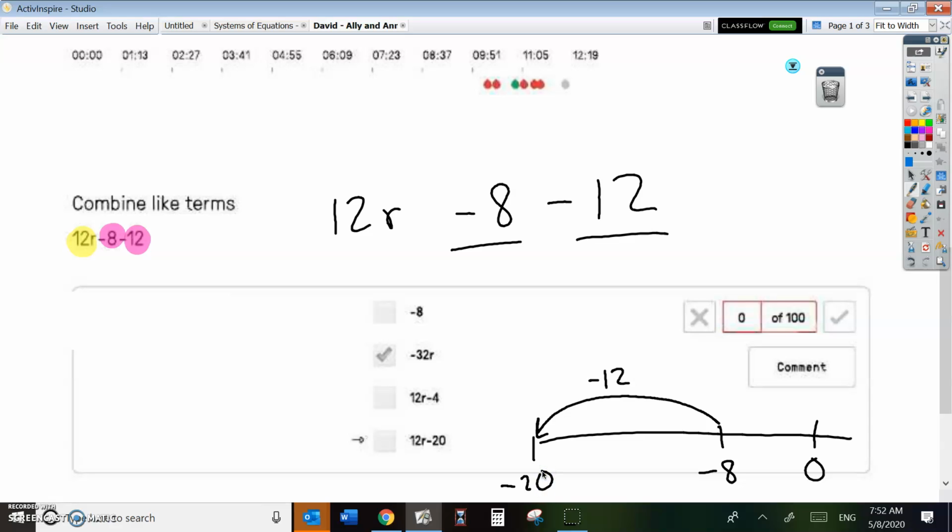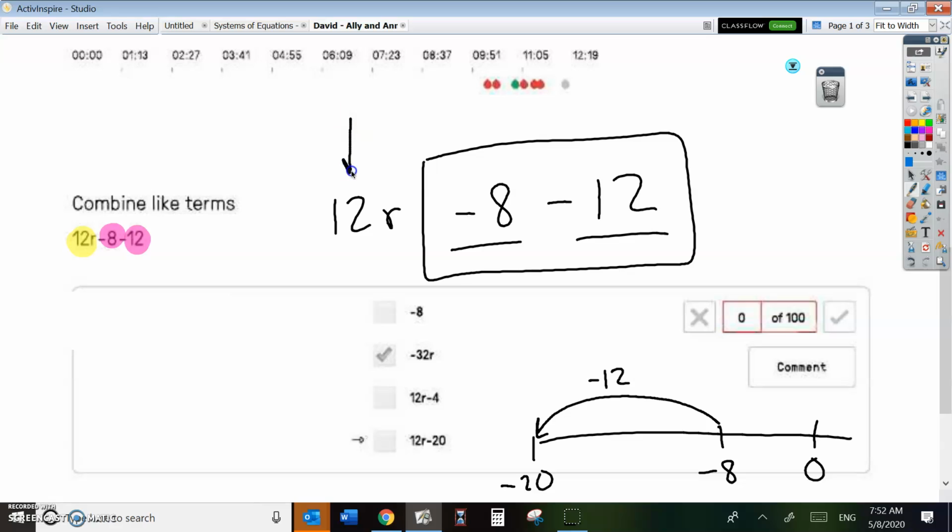But now, like I said, these two can be combined because they don't have the variable r with them. This term is a multiplication problem. It's 12 times some number r. The letter r is a variable. It stands for some number, but we don't know what number, and it doesn't matter.